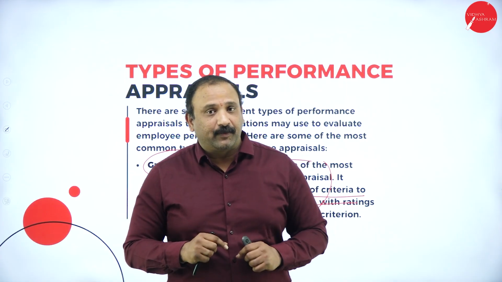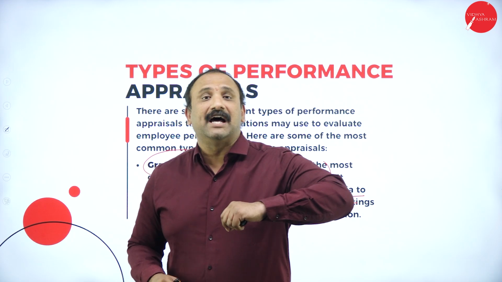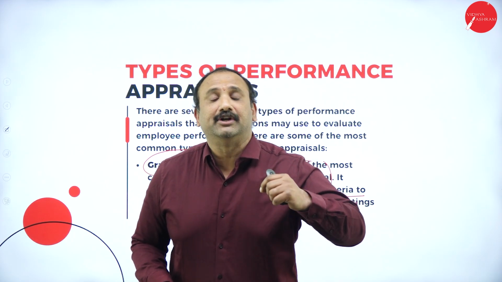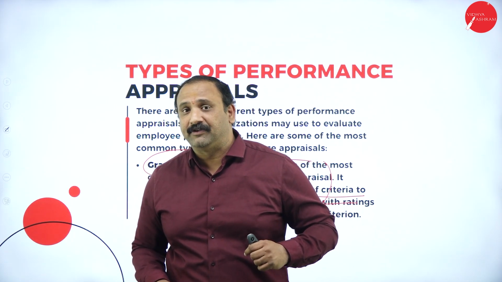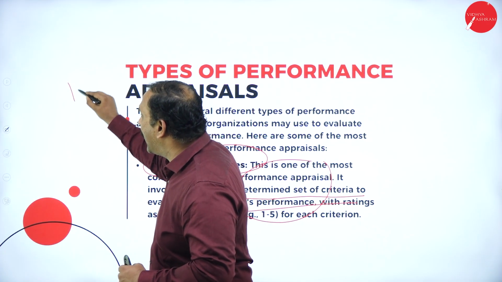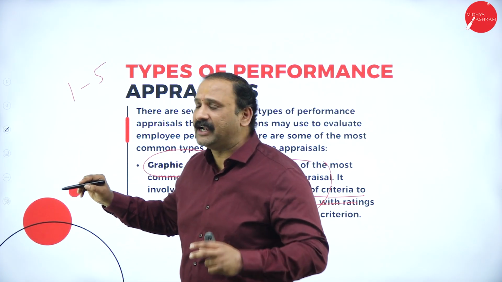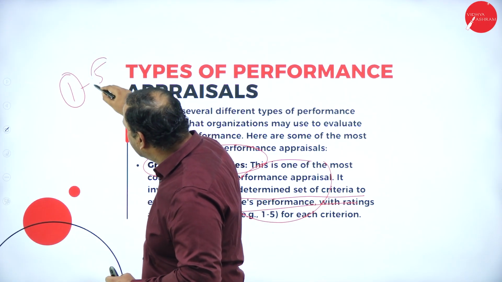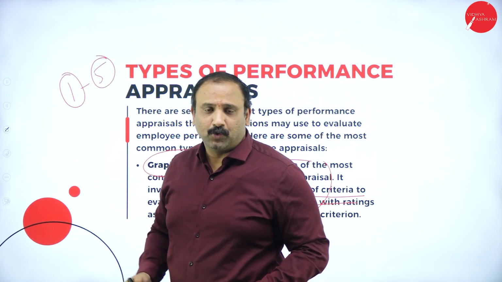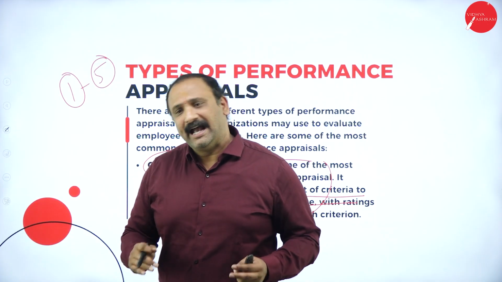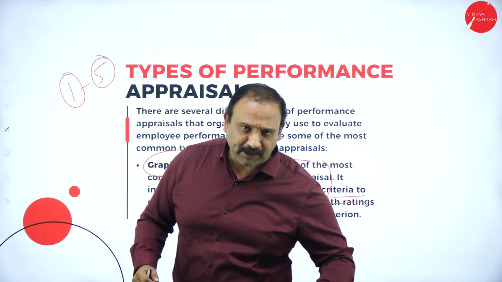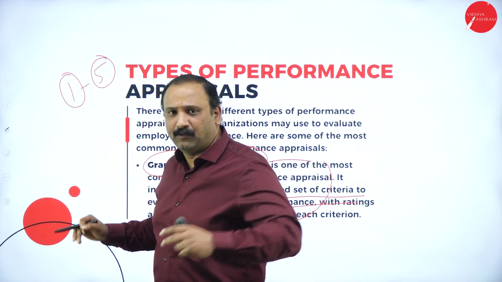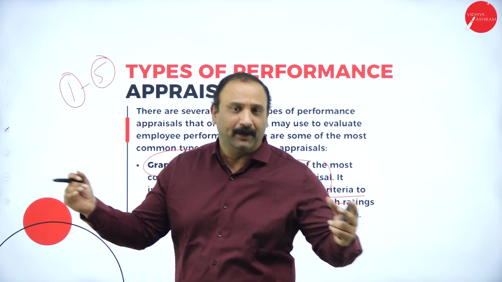So what is a graphic rating scale? It means it's going to use a predetermined methodology where you have the rating scale starting from 1 to 5. Now let's assume that 1 is the topmost and 5 is the bottom. So if I say 1 is superb and 5 is less, or let's put it even vice versa, 1 being very poor and 5 being superb.